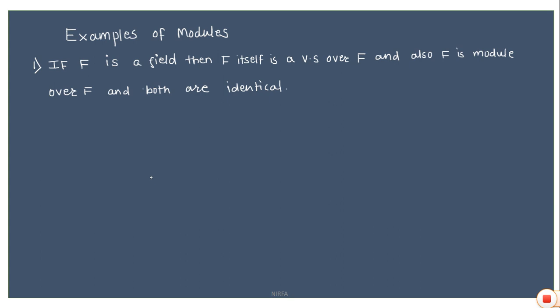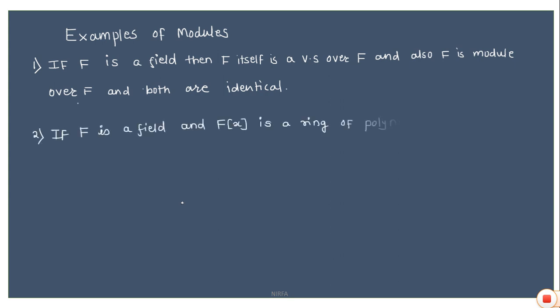We know that every field is a vector space over itself. Since a field is always a ring, hence we can say that F is a module over the ring F. As you know, the conditions in vector space and module are the same, therefore here vector space F and module F both are identical.